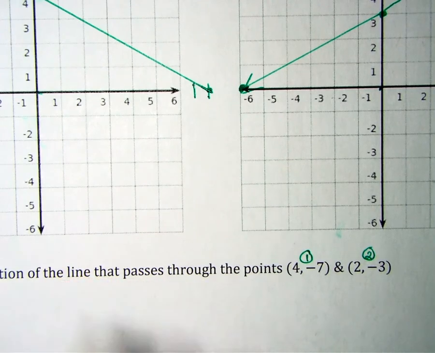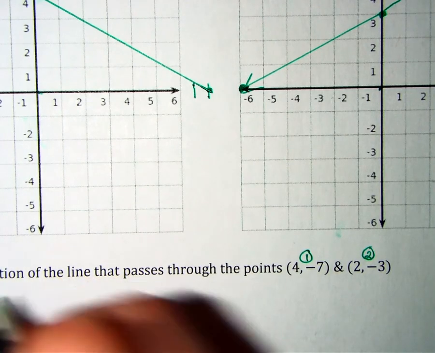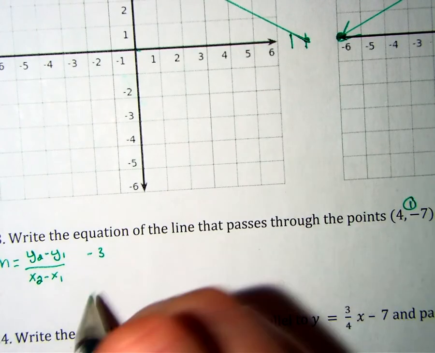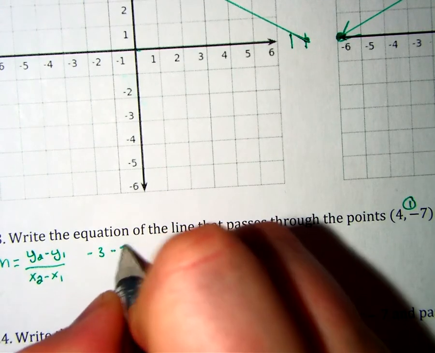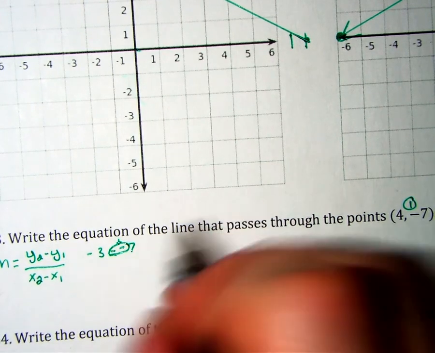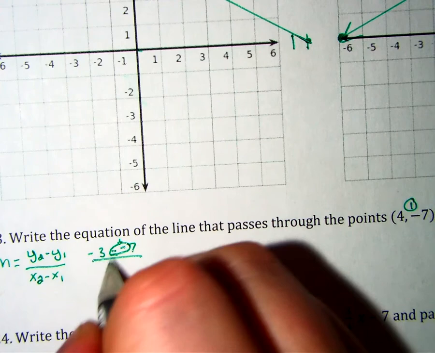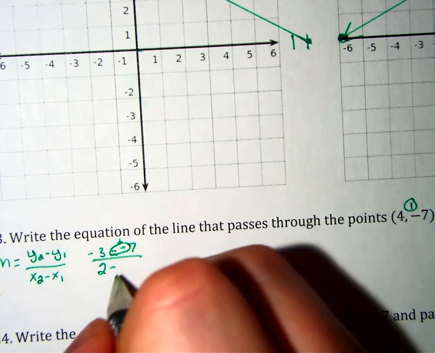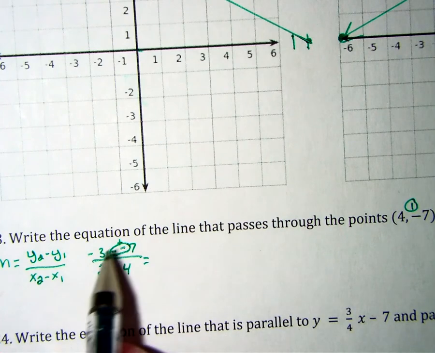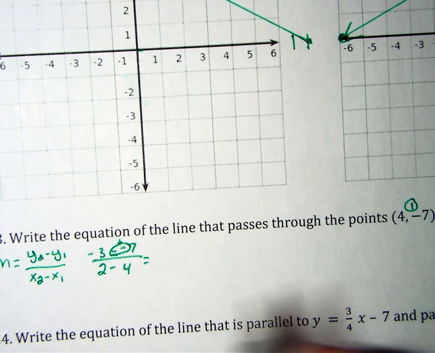So my y2 is negative 3. Negative 3 minus negative 7 over 2 minus 4. Negative 3 minus negative 7 is the same thing as negative 3 plus 7.